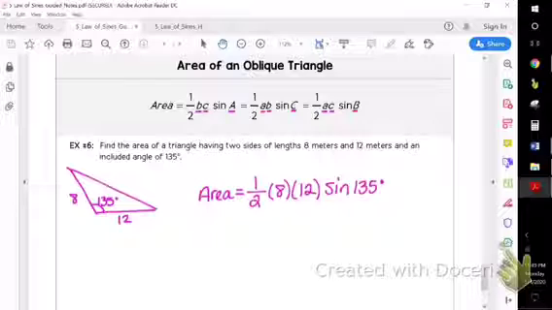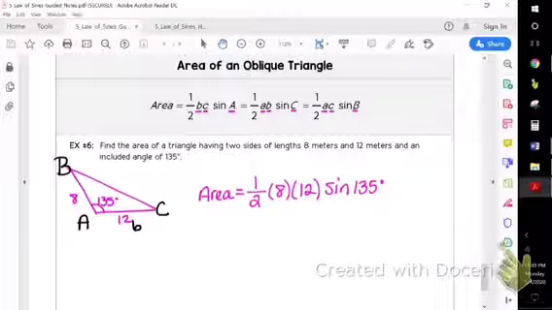Now, how's that going to work with the formula? And so let me just pick some sides here. So I'm just going to say, like I did before, this is A, B, and C. So if I do that, this is going to be side B, and this is going to be side C, okay?